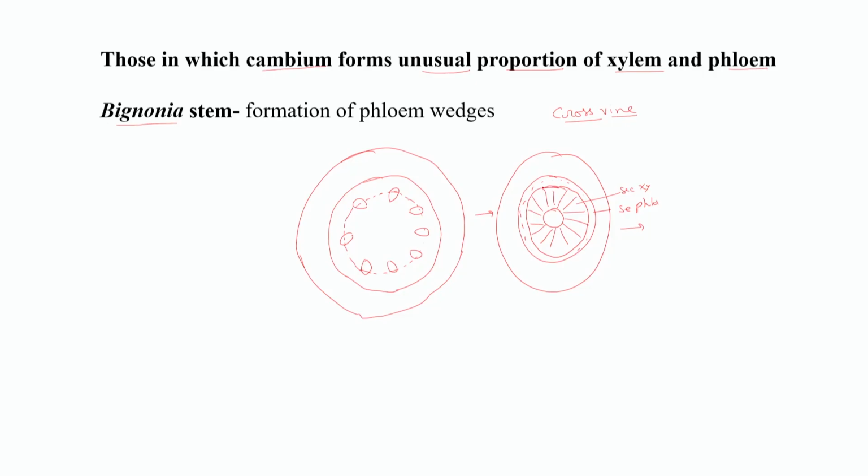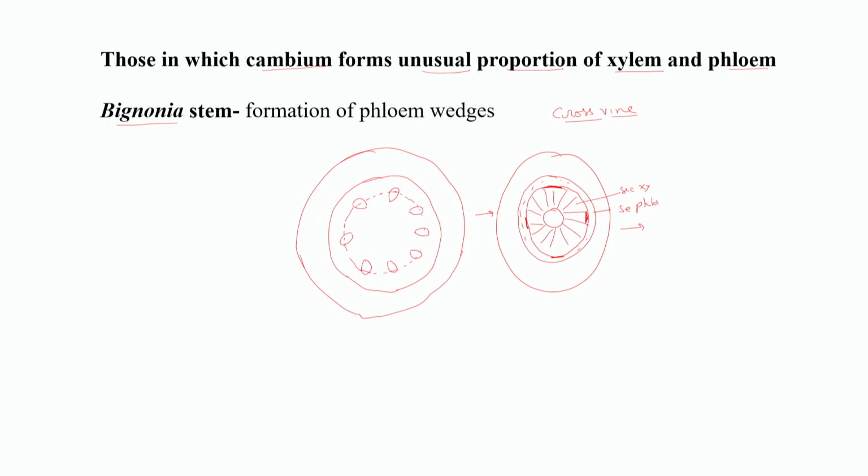At certain locations, actually I cannot say it will stop activity, it will behave abnormally and cut less xylem as compared to phloem. So it is not inactive, it is cutting more phloem as compared to xylem.